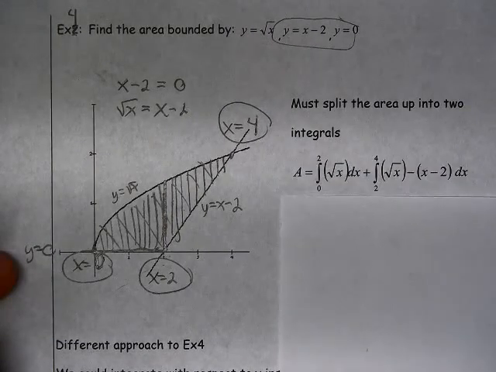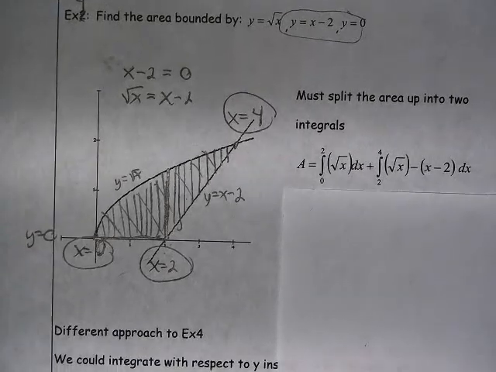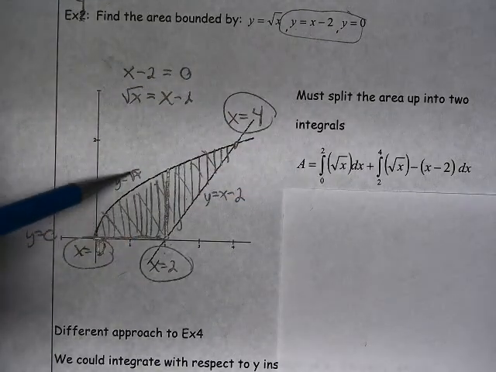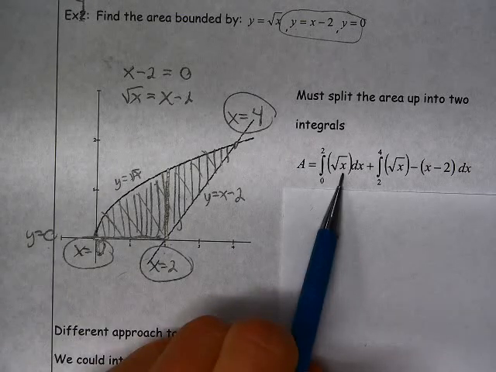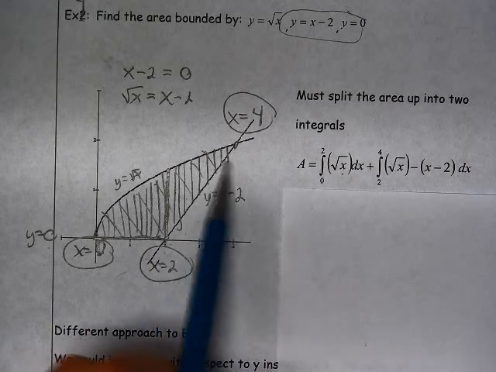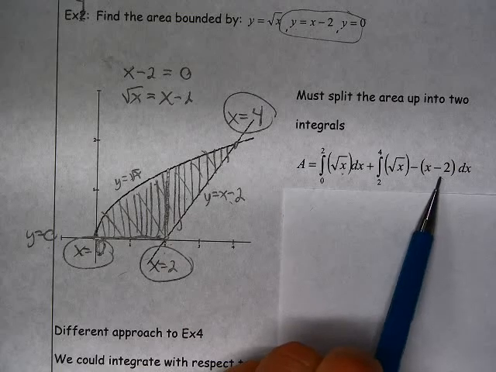So when we do it this way, we're going to go, okay, well, the integral from 0 to 2 of the square root of x minus 0 plus the integral from 2 to 4 of the square root of x minus (x minus 2).